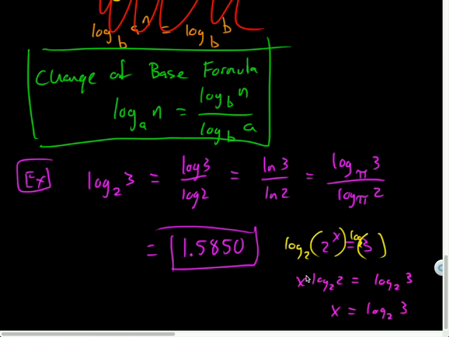So those are equal to each other. That verifies it a little bit for you. Nonetheless, change of base formula. You could now plug in your calculator any base you want as long as you use this division of two separate logs, and it works out quite nicely.